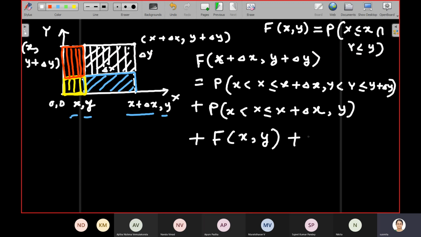Then who will tell me what we should write for the red area? Somebody else. What can we write for the red area? Tell me in terms of the probability.